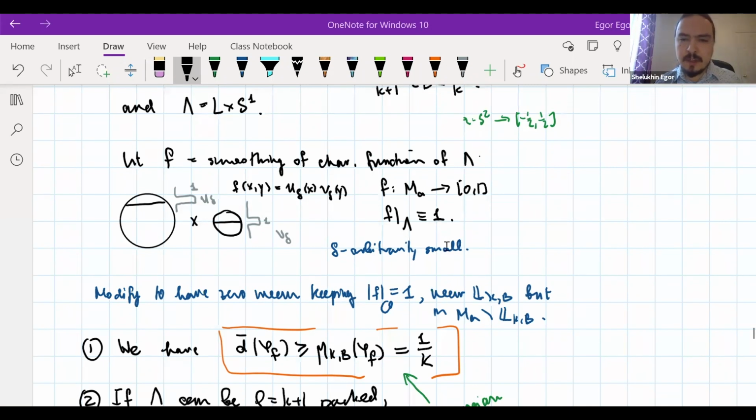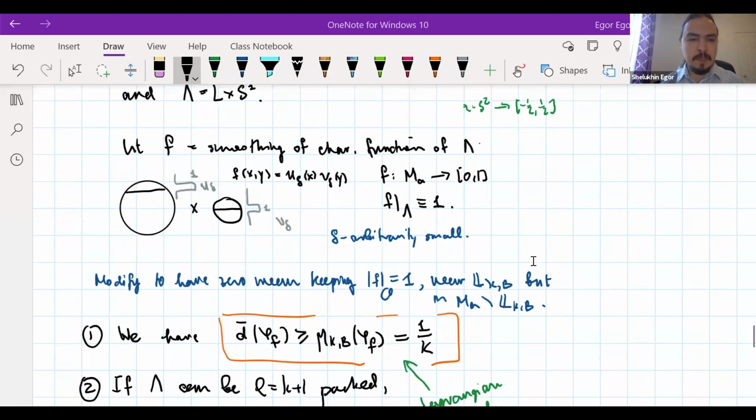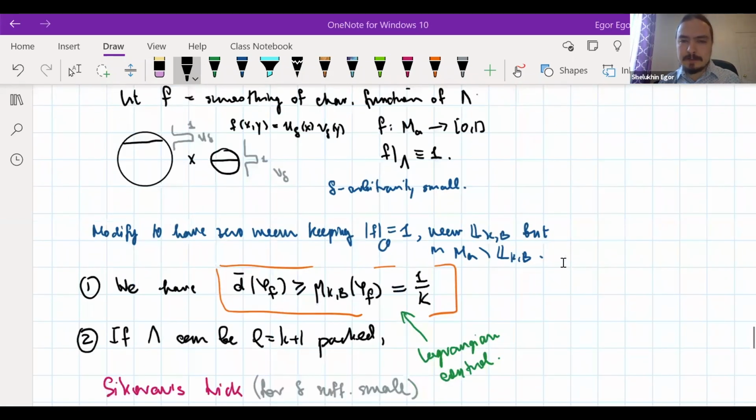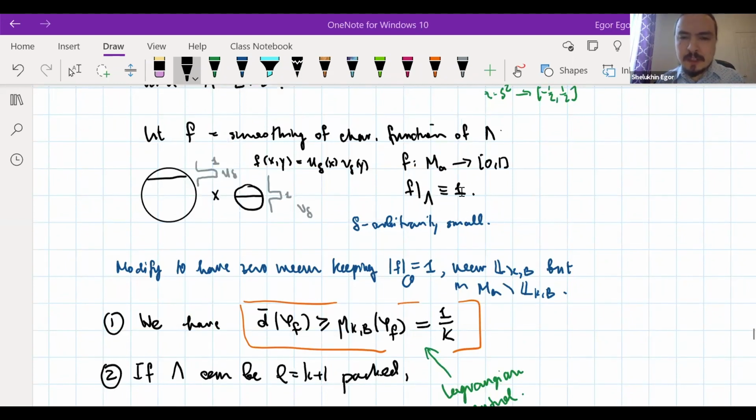Still F is 1 on Lambda, and still it is supported in an arbitrarily small neighborhood of Lambda. And then by the property that F restricted to Lambda is identically 1, we get that mu kB of phi1f is 1 over k by Lagrangian control.